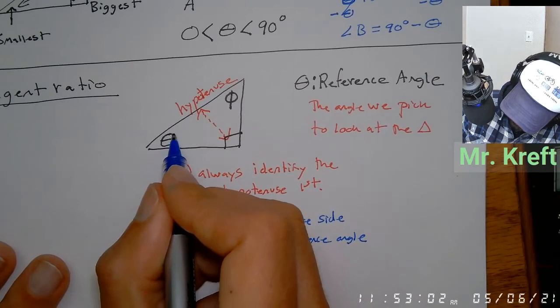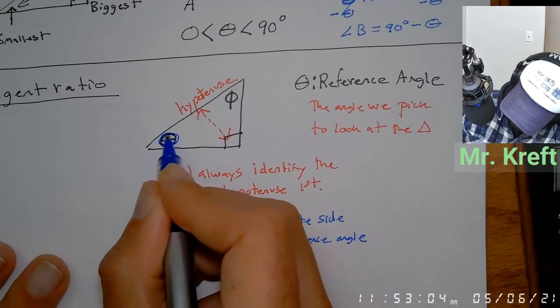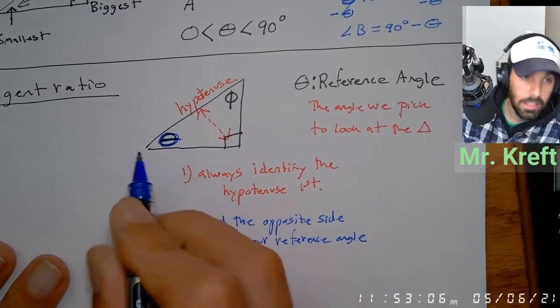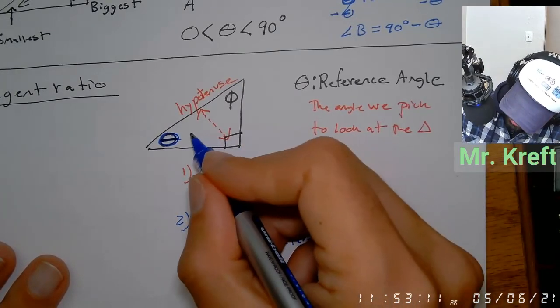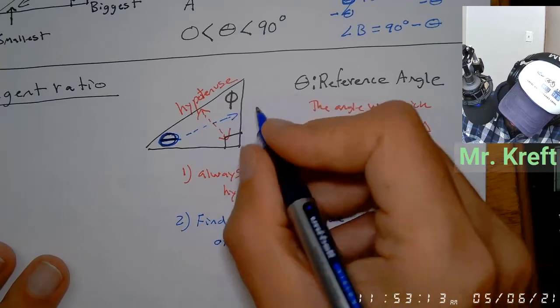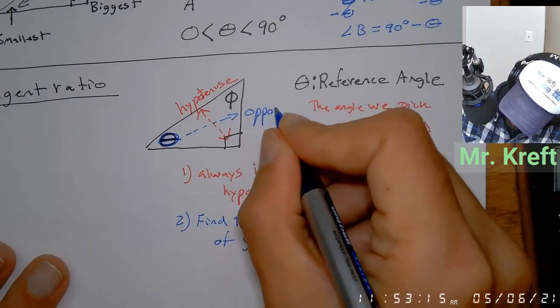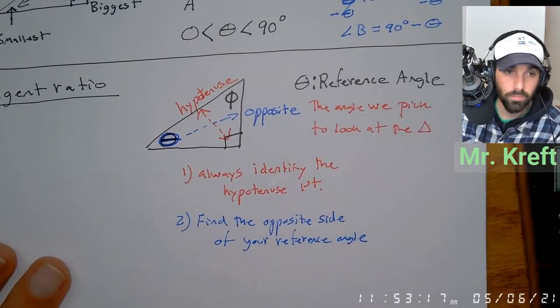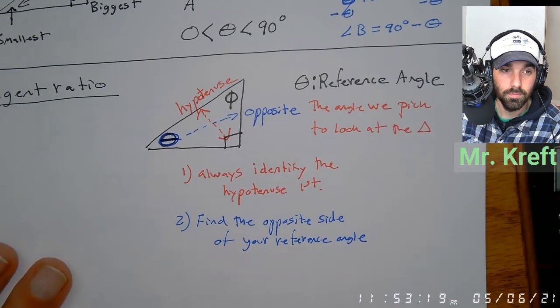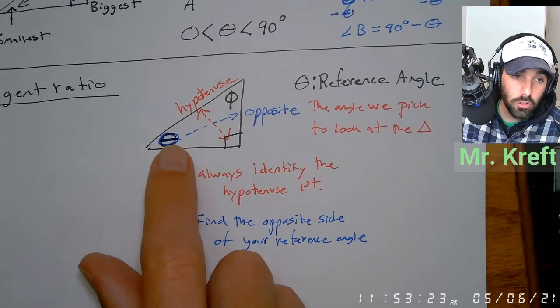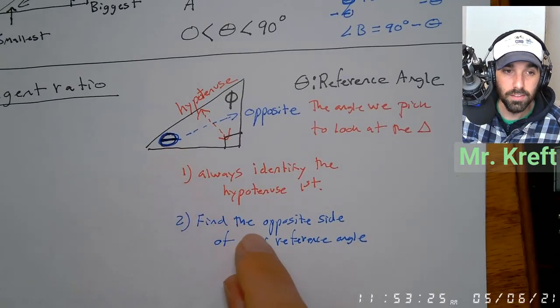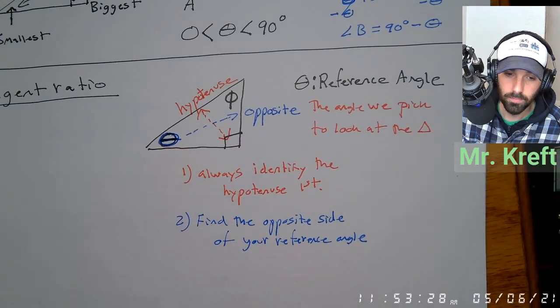Okay, so if my reference angle here is theta, I want to find the side opposite. So the side opposite would be this. So again, using your reference angle, we're going to find the side opposite.